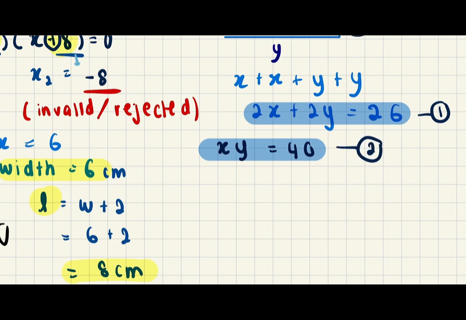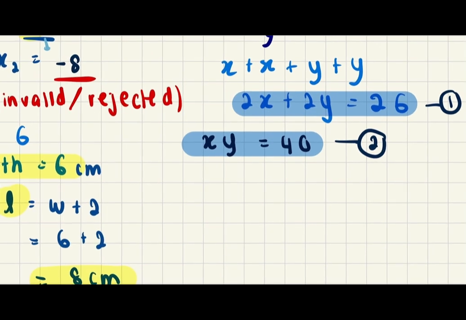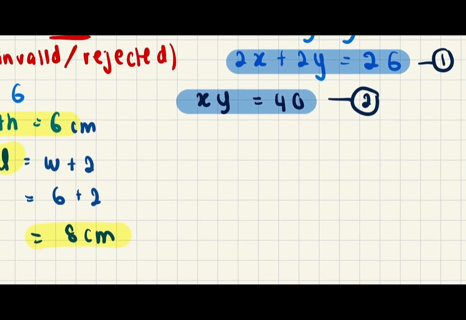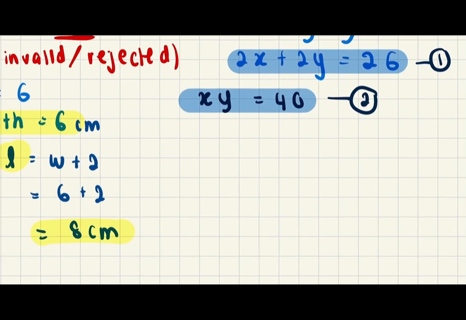Now simply take equation 2 and find the value of x, then substitute that. To get x, we move y, so multiply becomes divide: x equals 40 over y.